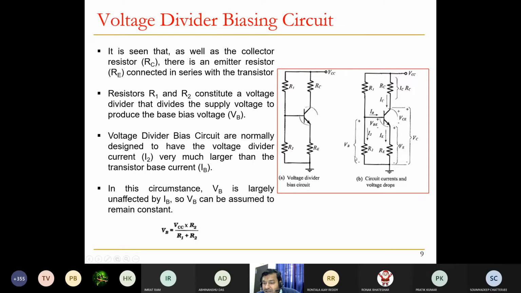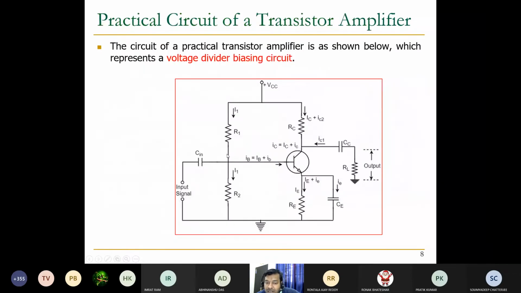There will be a great impact on the input signal or bias base voltage. Otherwise this voltage will be more prominent. So to avoid this kind of situation, this type of voltage divider bias circuit is introduced.